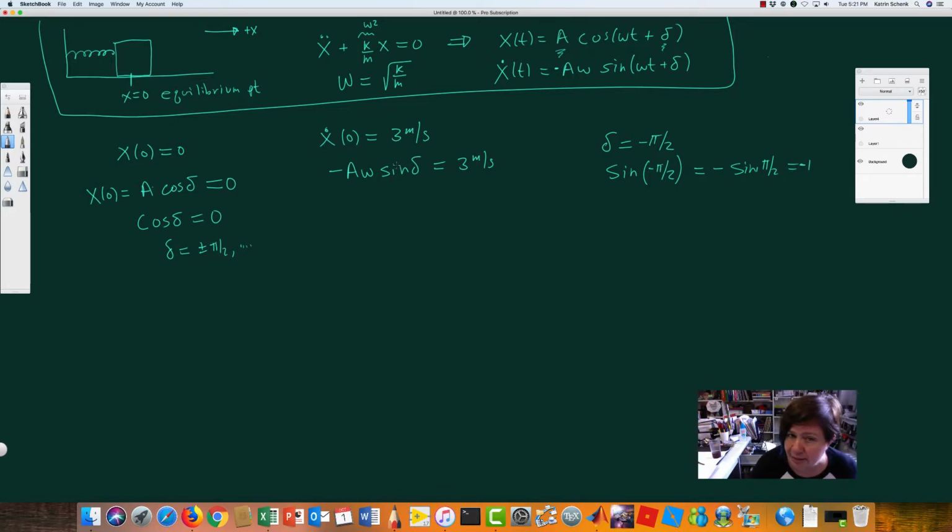That's not what this says. So you have to choose the right phase angle, because if I chose delta equal pi over 2, then sine of pi over 2 would just be 1, and I'd have a negative sign up here.